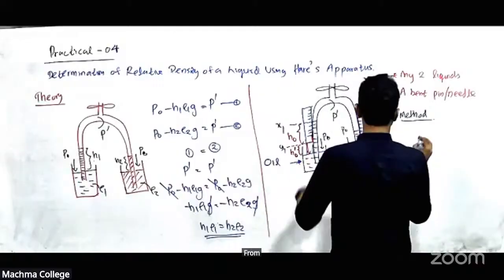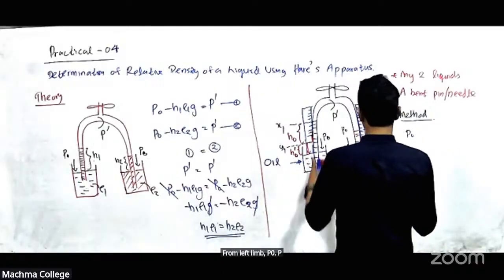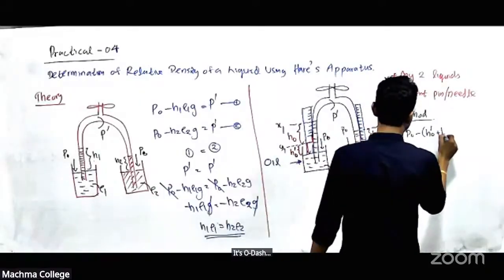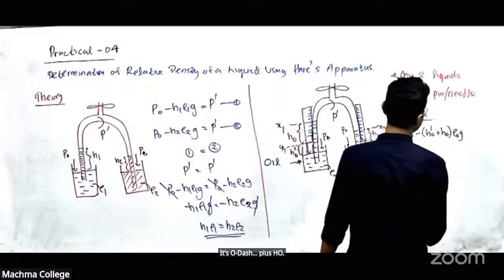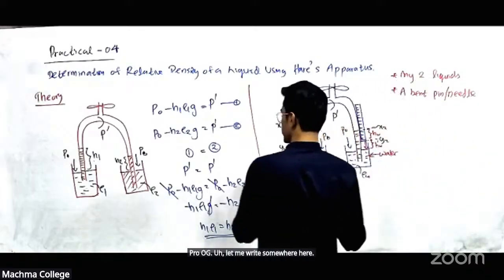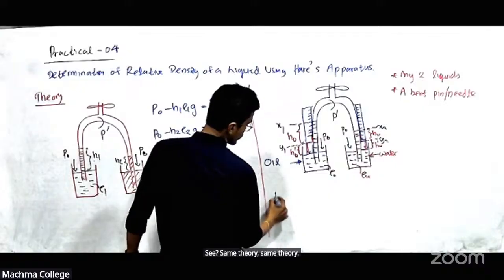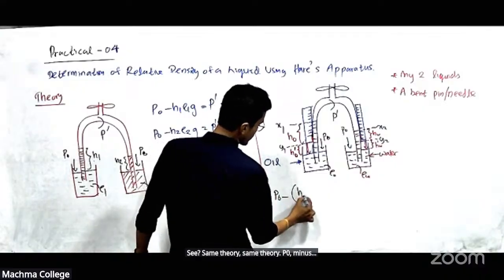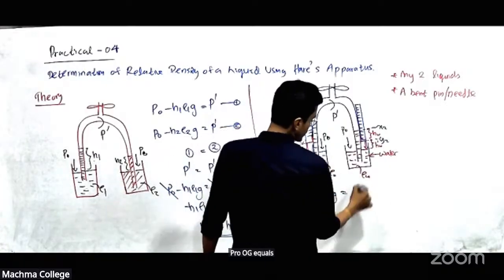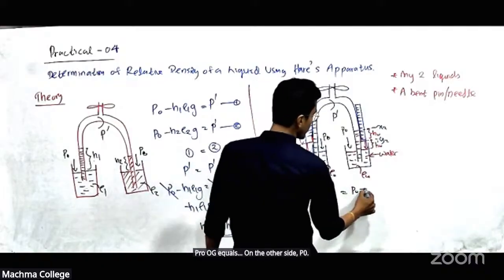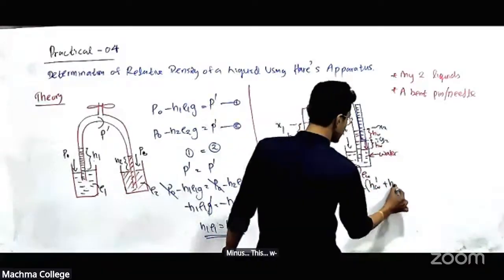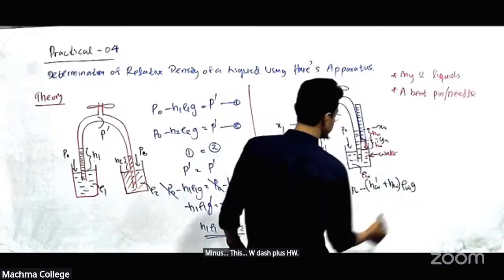From the left limb, P naught minus, now we can go up, HO dash plus HO rho O g. Same theory. P naught minus, when you are going up, HO dash plus HO rho O g equals, the other side, P naught minus HW dash plus HW rho W g.